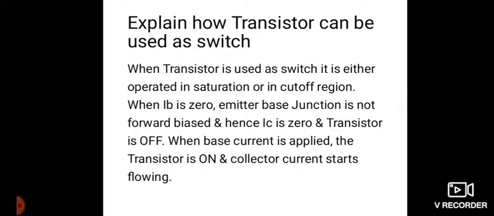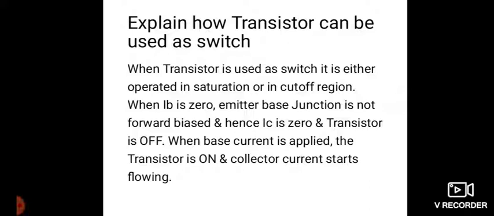So, let us see the first question, that is, explain how the transistor can be used as a switch. We already know that when the transistor is connected in common emitter mode, the output current is IC, that is the collector current, and the input current is IB, that is the base current.